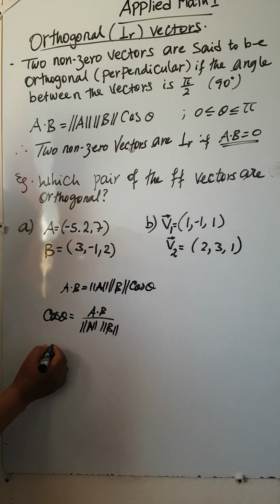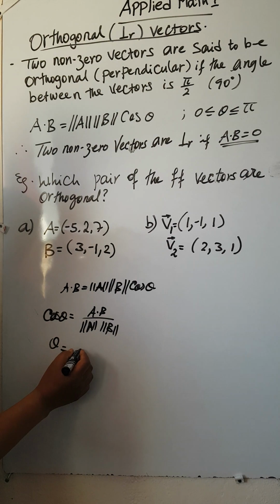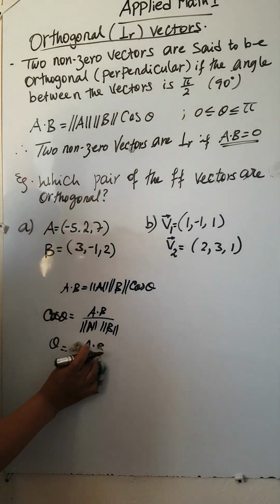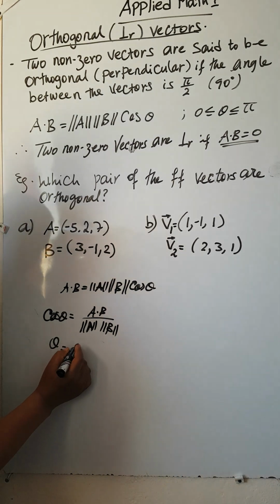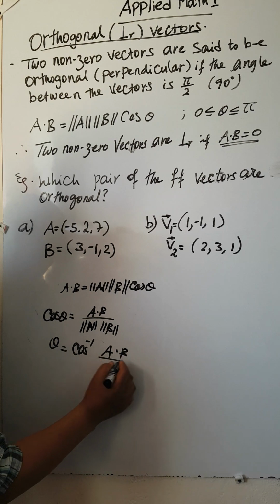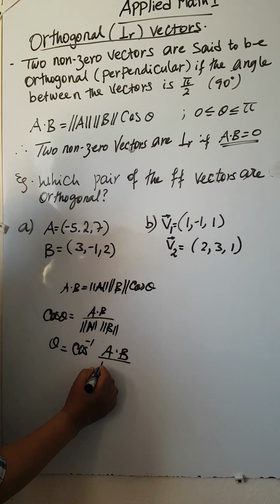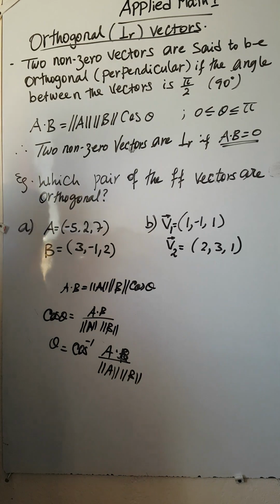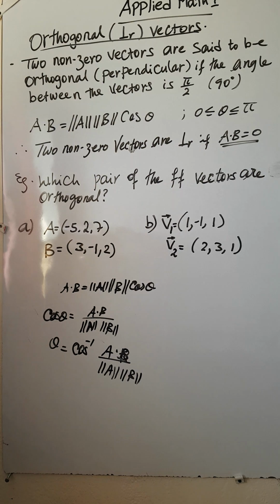Okay, then theta is equal to cos inverse of a dot b divided by norm of a times norm of b. Okay, እንደዚህ cos inverse.